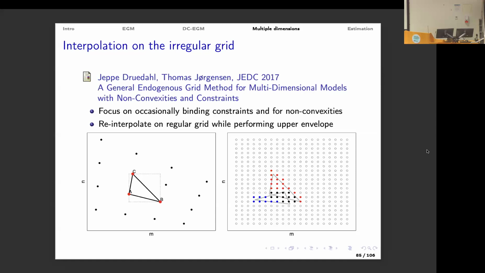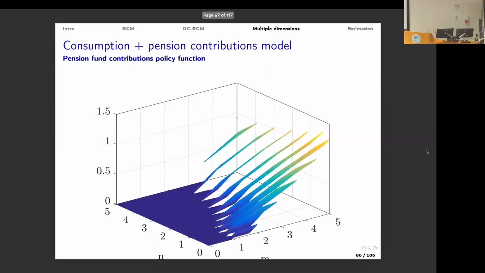They have to do something with this multidimensional interpolation, and so their approach is to essentially re-interpolate on some regular grid of the state space, which allows them to efficiently compare different segments corresponding to different constraints, because the upper envelope has to be computed in any case, right, in multiple dimensions as well.